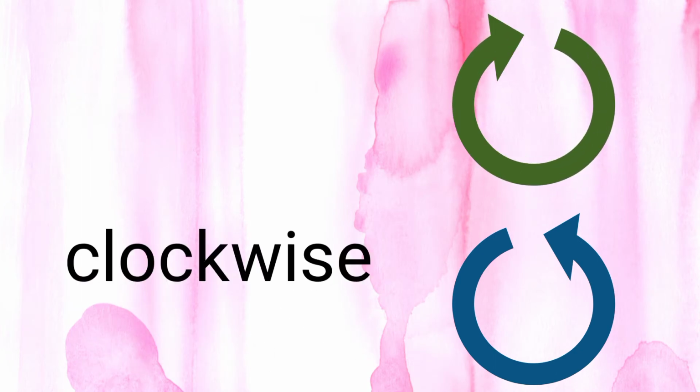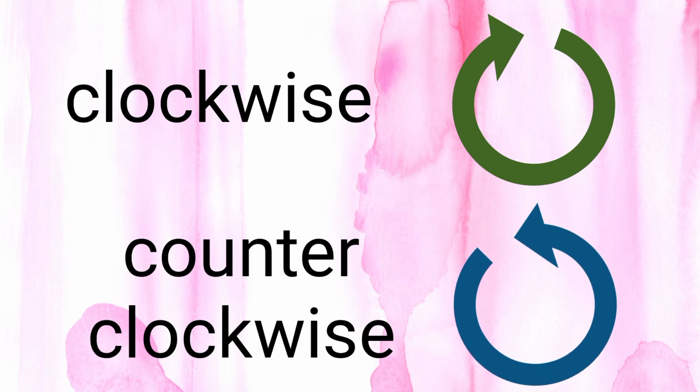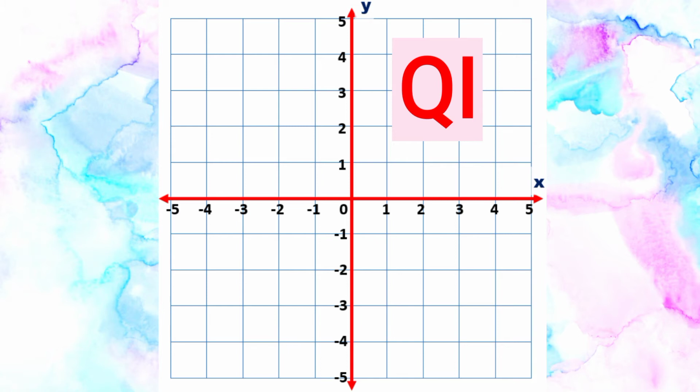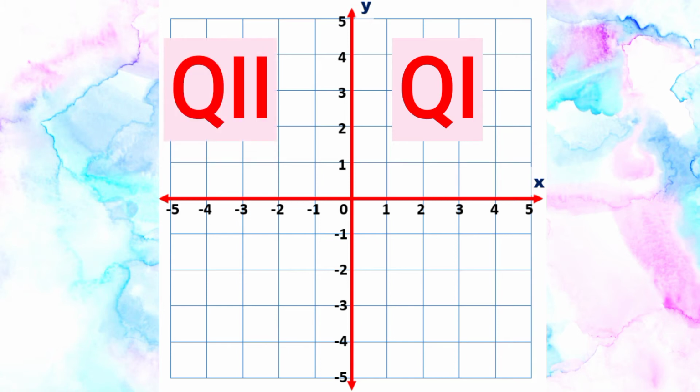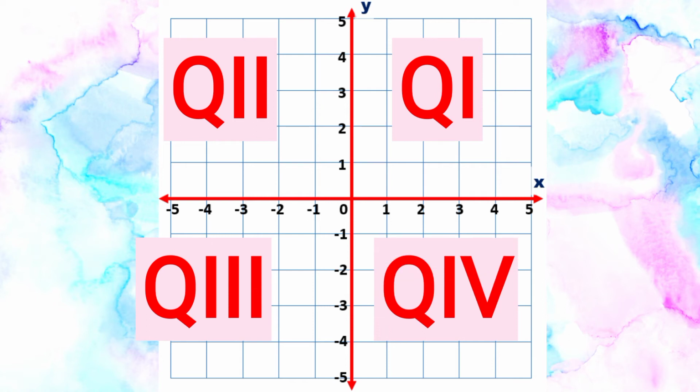The green one is clockwise, and the blue one is the counterclockwise. This is the first quadrant, second quadrant, third, and fourth.